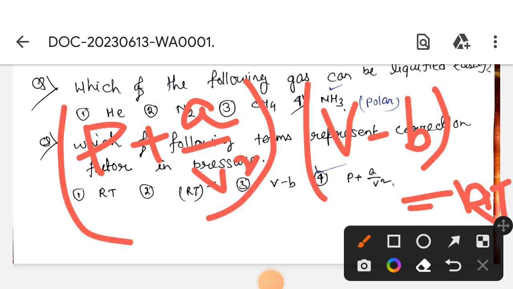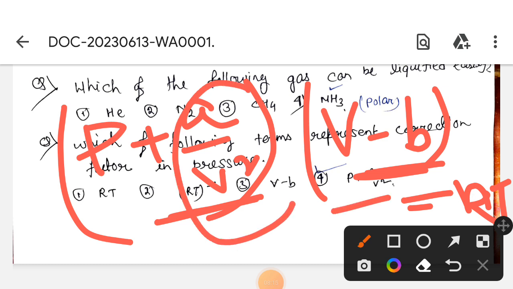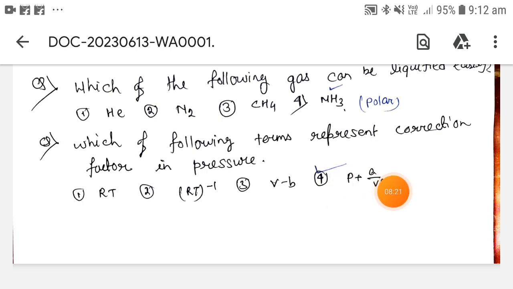This is the correction term of pressure, and this is the correction term of volume. As the options are given, A by V square is the correction term, so P plus A by V square is the correction term of pressure.